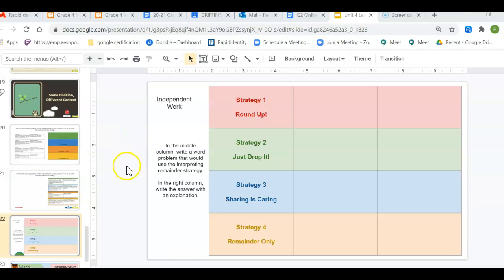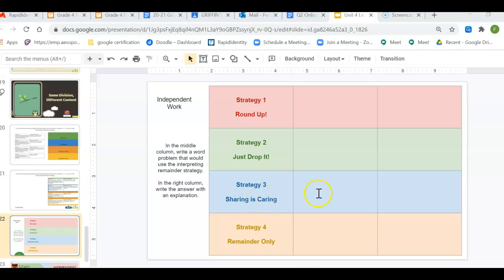And for independent work, this is where you're going to use your own creativity here. So in the middle column, which is right in here, in this column, you're going to write a word problem. Write a short word problem that will use the interpreting strategy listed on this side. So if it's a roundup problem right here, you would write a word problem that would be associated with rounding up. If it's a just drop it, you would write a word problem here where you would just drop the remainder.